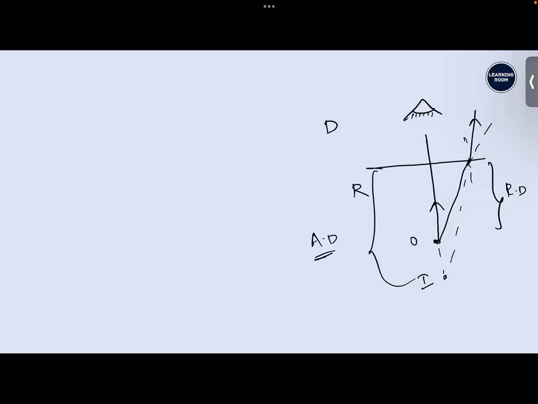Can you follow the same derivation steps that I did for the previous one and tell me the relation between apparent depth and real depth in terms of refractive index?